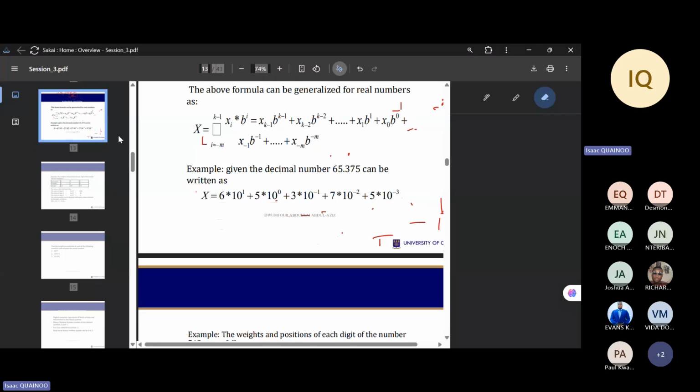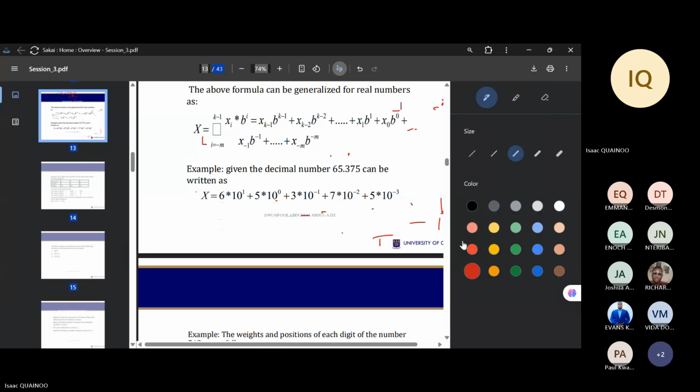Let's say we have 25.37, and this is in decimal, and you are required to perform this particular conversion.